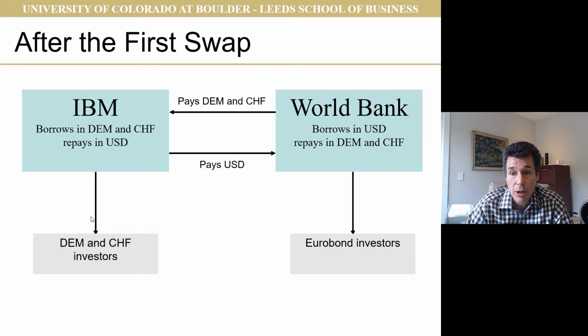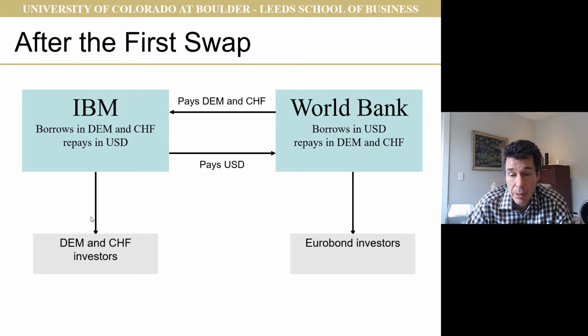The World Bank borrowed in dollars, and then instead of paying dollars, they paid Deutschmarks and Swiss francs to IBM, and IBM paid them dollars. So if you see, IBM's cash flow, paying dollars, flows through the World Bank to the Eurobond investors. The World Bank's cash flows, paying Deutschmarks and Swiss francs, flow through IBM and pay their investors.